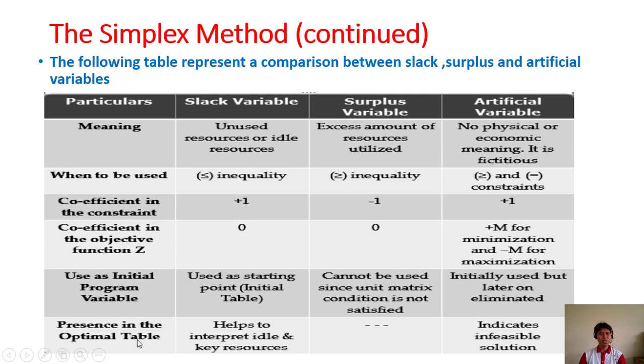As to the presence on the optimal table, the slack variable helps to interpret idle and key resources. Surplus variable is not applicable, and artificial variable indicates infeasible solution.